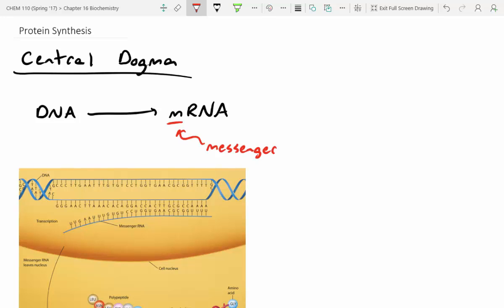So the DNA is stored deep inside of your cell in this region called the nucleus, right? And in order to get that information to the factory that produces proteins, you actually have to transfer it outside of the nucleus into the cytosol. So this process of converting DNA into this messenger molecule is called transcription.